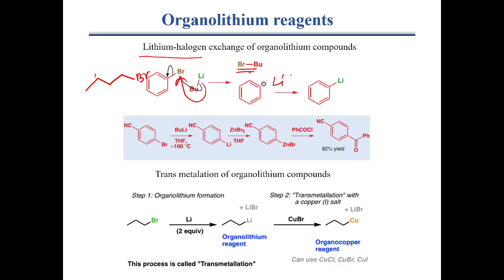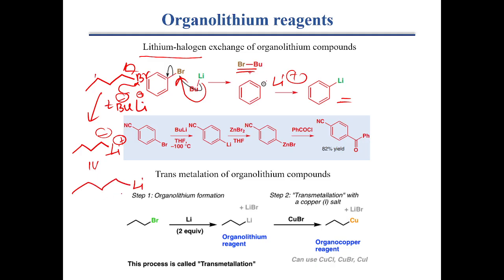This will react with lithium plus and form this aromatic lithiated compound. Whereas in the presence of this butyl bromide, it will react with tertiary butyl lithium. It will abstract this bromine and form this negative charge, which reacts with the lithium plus and forms a bond.